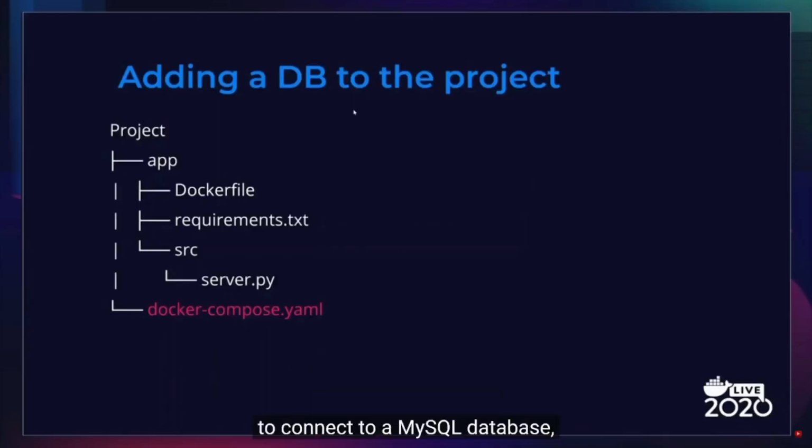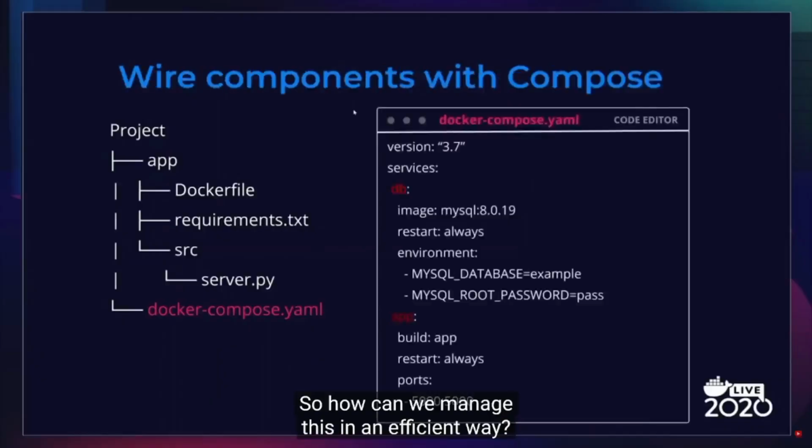For this, all we need to do is write a compose file containing the configuration for our project services. Once we have it, we can get the project running with a single command. So let's see what the structure of the compose file is and how we can manage the DB service with it. This is the sample file for our Python service and the database.